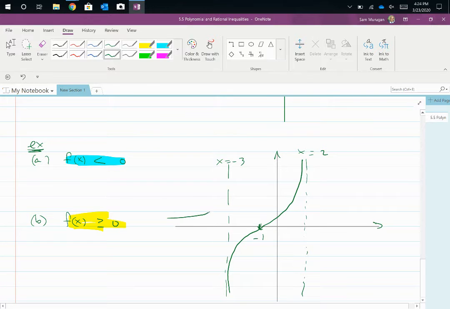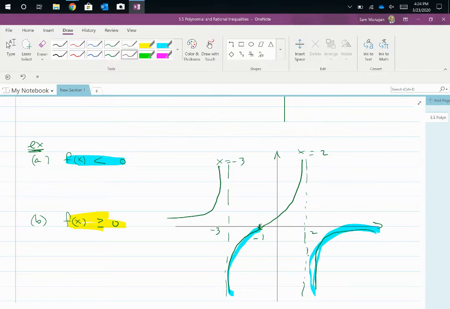Let's put this part of the graph that way and this part of the graph this way. So this point is -3, this is +2. So less than would be the part of the graph that's below the x-axis, which is this part and this part.